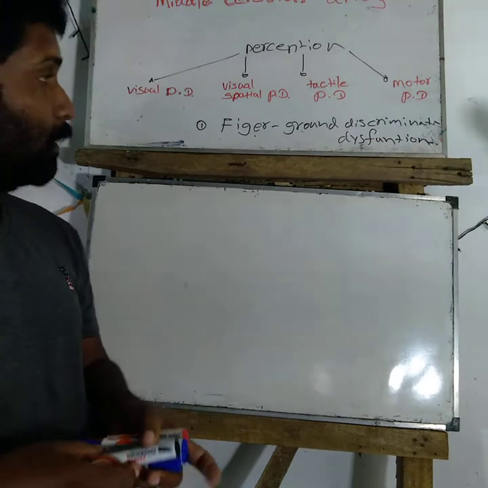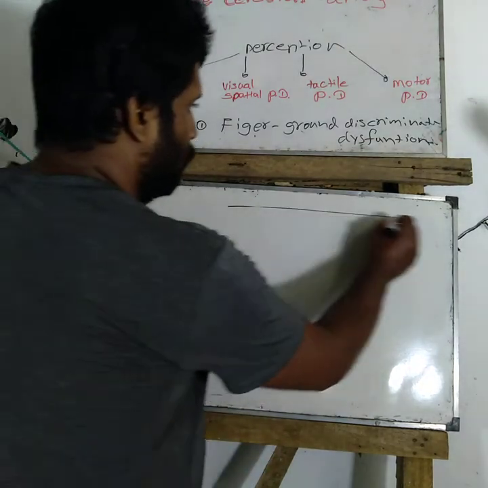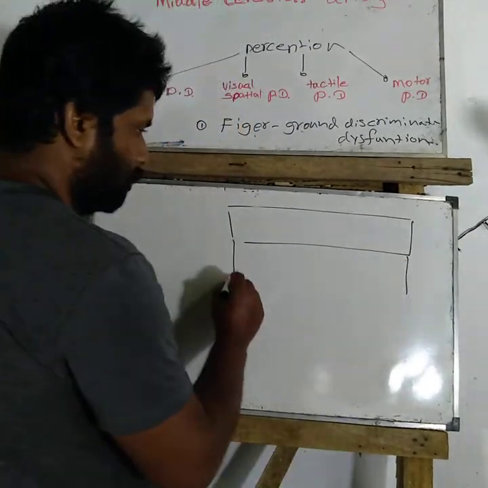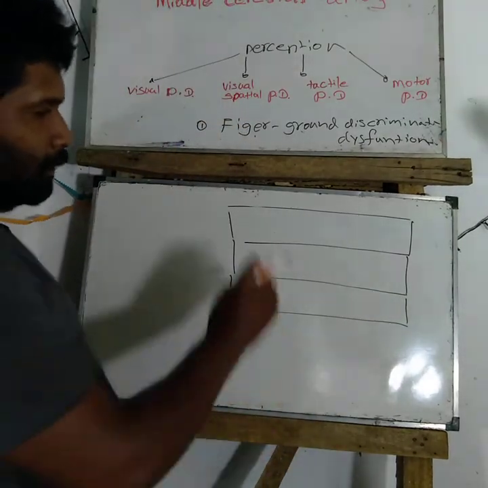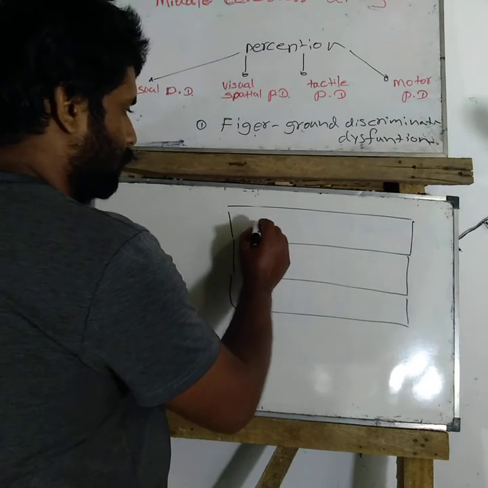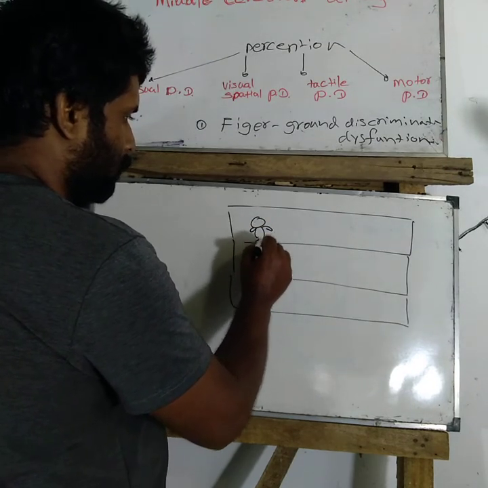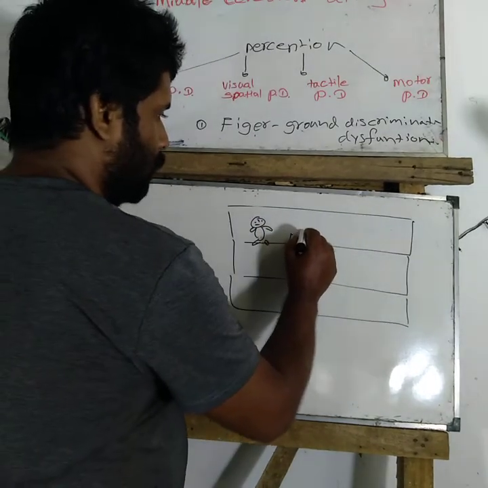For example, there is some form of rack. There is several equipment in this rack. This is the doll. This is the car.